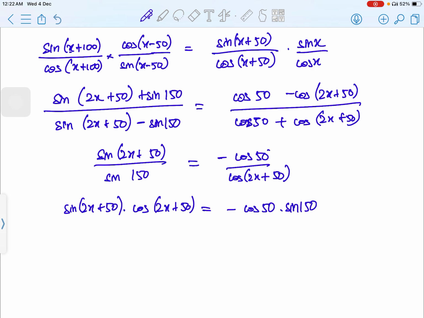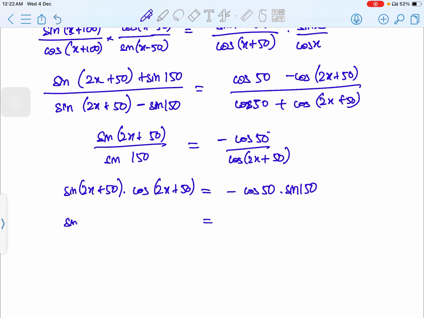Okay, so this term when you give it to the other side, you will have sin of 2x plus 50 into cos of 2x plus 50. This term when you move it to this side, you will have plus sin 150 into cos 50.